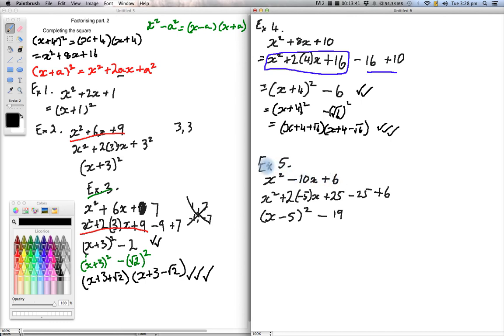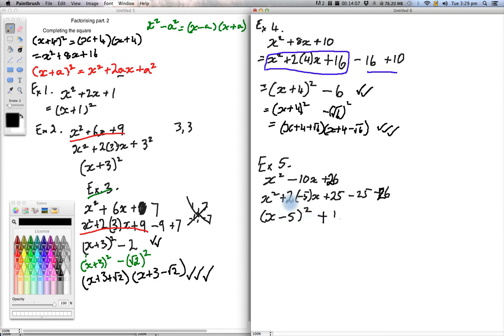Okay. For example 5, I'm actually going to change this just to be a real pain in the backside to plus 26 instead of plus 6. Because now what would happen is instead of minus 19, I've got minus 25 plus 26. So instead of the minus 19 at the end, I'd have a plus 1.